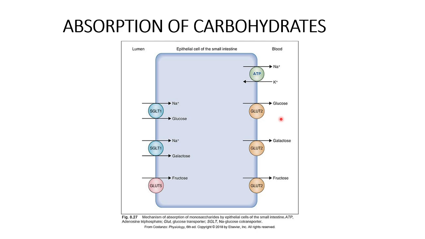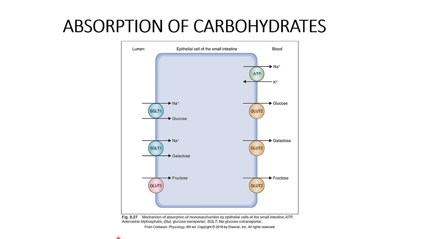So how is absorption of carbohydrates going? I'm testing you on that, and you will see it on the practice questions. There are different transporters and different forms of transport. Glucose and galactose are crossing the apical membrane. This is the lumen of the intestines, and this is the blood. So this is the apical membrane, and this is the basilar membrane.